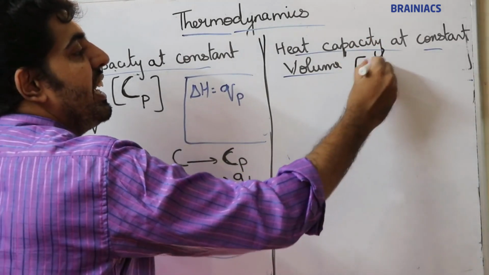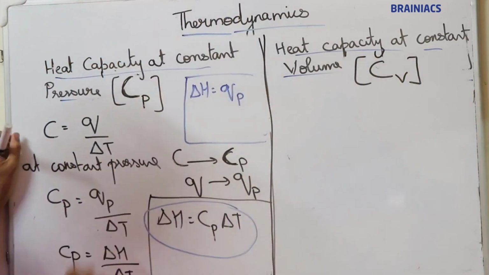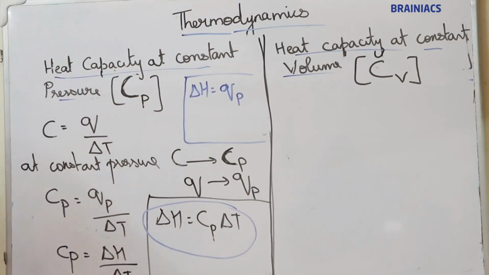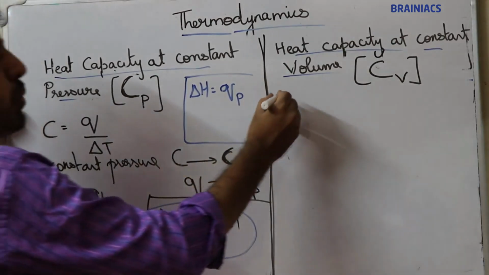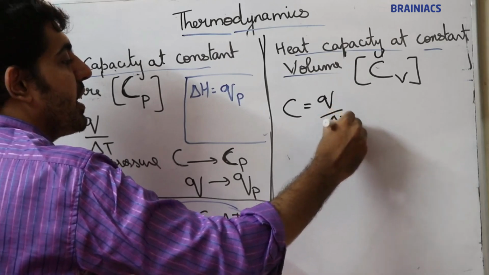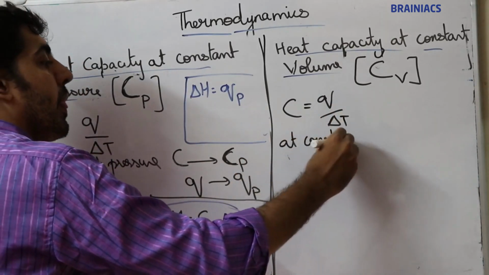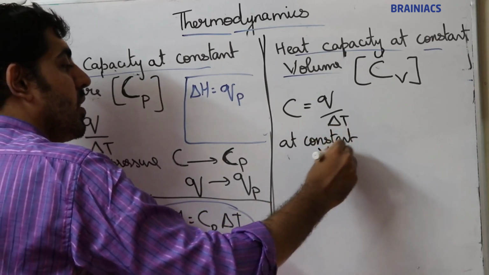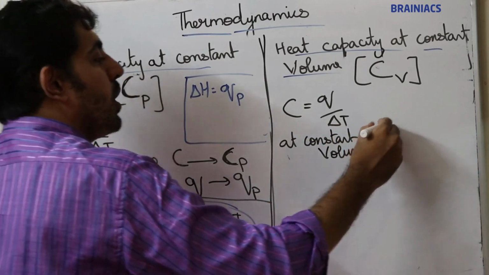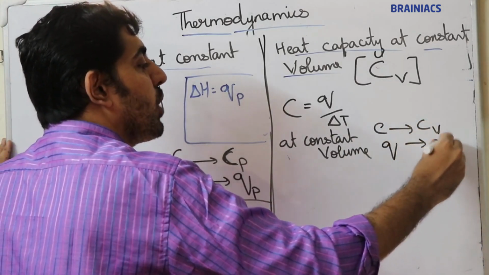It is heat capacity C, and for constant volume you write V as a subscript, Cv. So heat capacity at constant volume, Cv. Now the equation for heat capacity, C is equal to Q by delta T. Now at constant volume, C changes to Cv and Q changes to Qv, right?